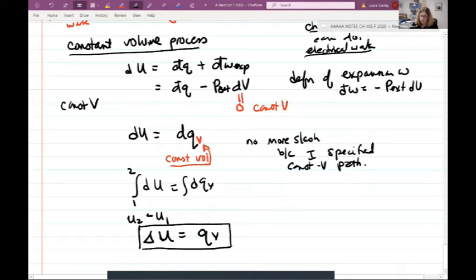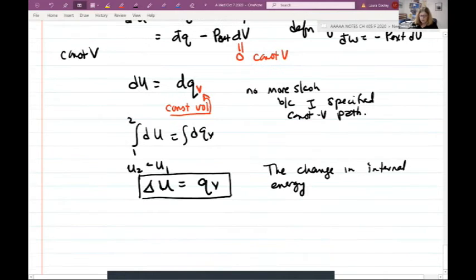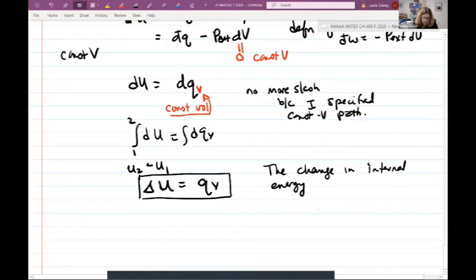I kind of did this with you a little bit the other day, but this is sort of the more official way. I got to this when I was talking about the bomb calorimeter, but I didn't use the differential form. It wasn't quite proper, but now it's all proper.